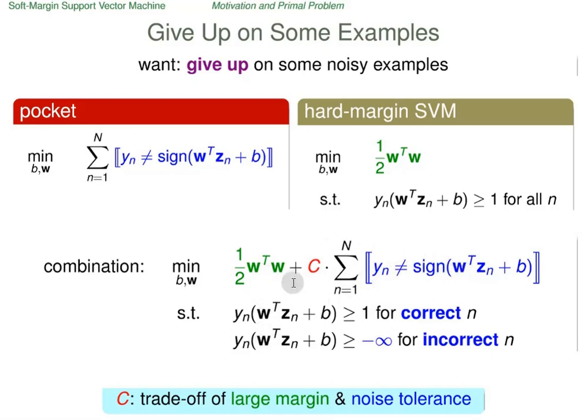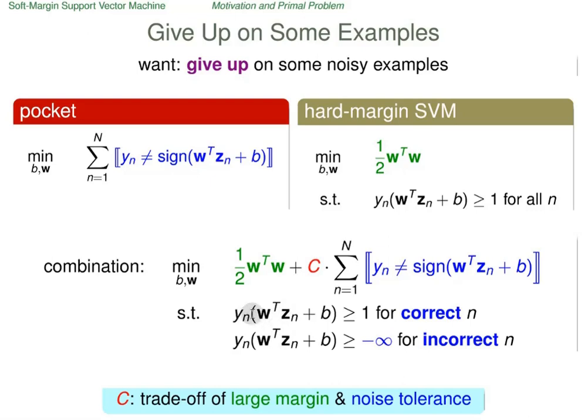So we have two terms that need to be minimized: the weight and then the misclassification term. The C is a trade-off constant between a large margin and the noise tolerance. The C is user-defined. Now, we also need to change the constraints.